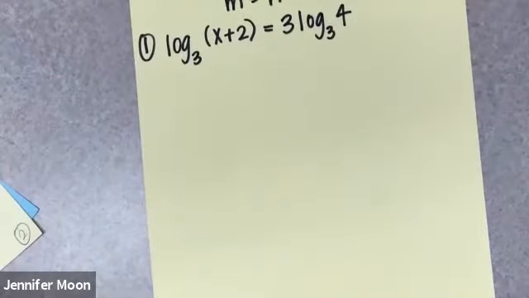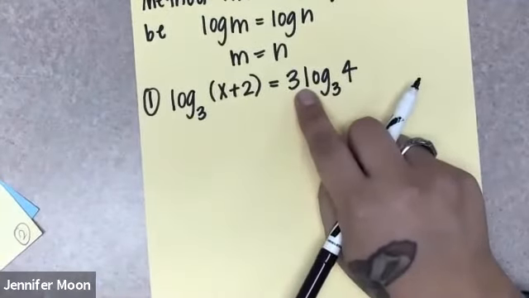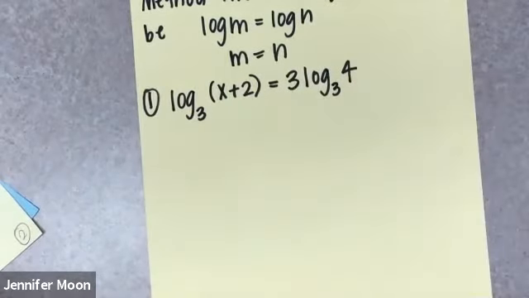So do you see how right now it pretty much looks like it's almost in that form, right? The only thing that keeps this problem from being in the form we need it to be in is that coefficient. But I have that property that I learned that said a coefficient can be made an exponent. That's going into condensing it. And if we were expanding it, that exponent would be a coefficient. So it's just a matter of changing forms and moving back and forth.